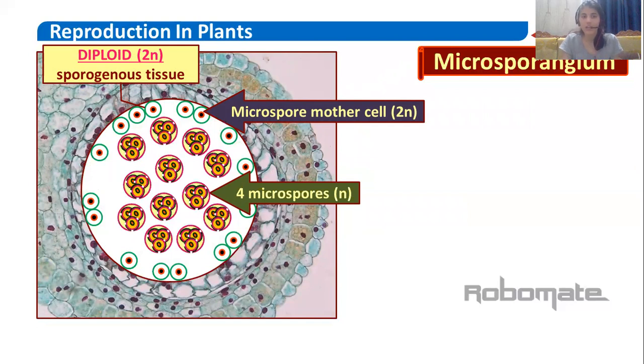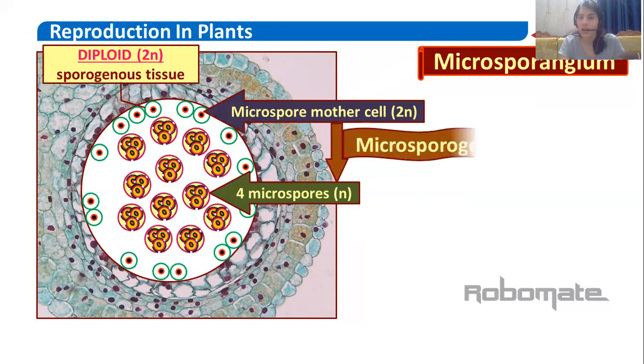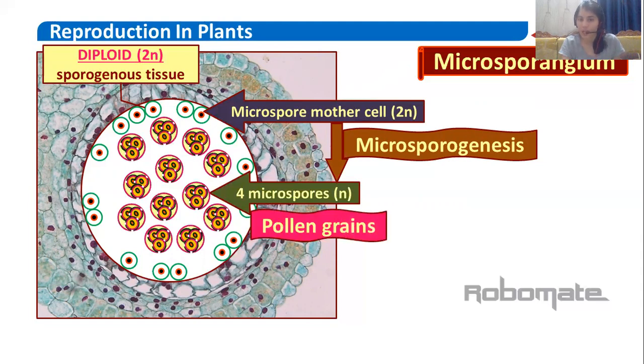You can see these are the tetrahedral structures, and each tetrad contains four microspores, formed by the process of microsporogenesis. So what is microsporogenesis? It's the formation of microspores from the microspore mother cell. Now these microspores, I already told you, we can also call pollen grains. These are nothing but the pollen grains.